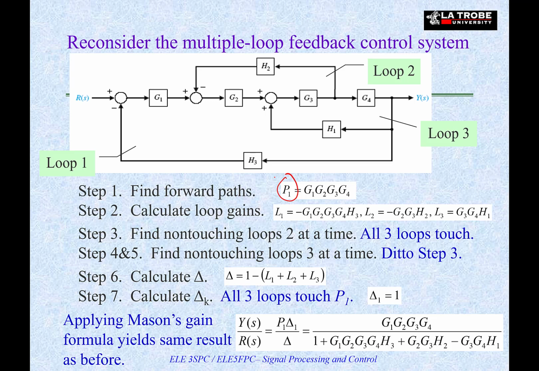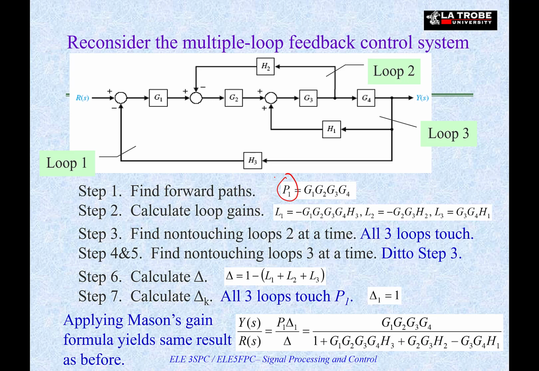And then we should calculate delta k. In this case, there's only one path, therefore we should only calculate delta 1. All the 3 loops touch the forward path in this example. Therefore, everything should be removed from delta except unity 1.